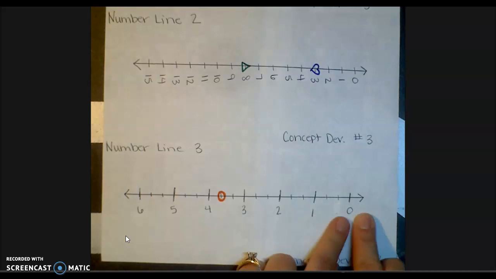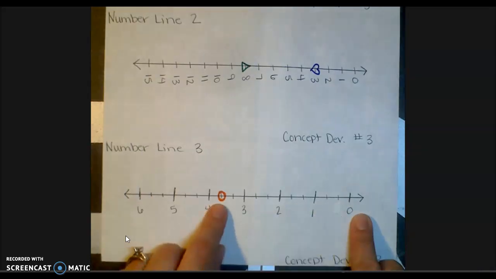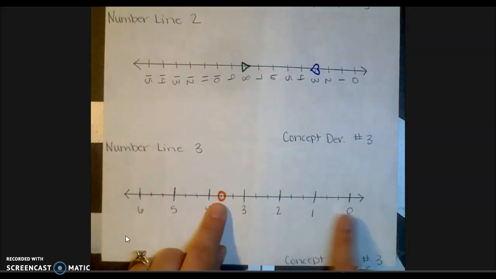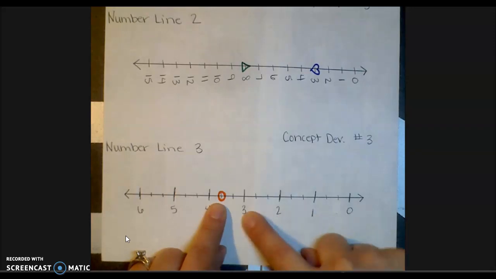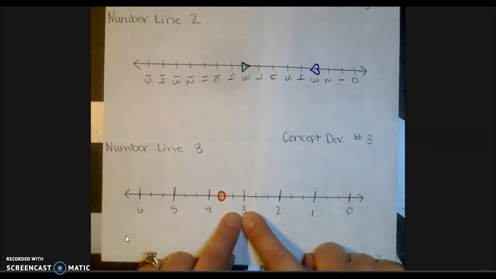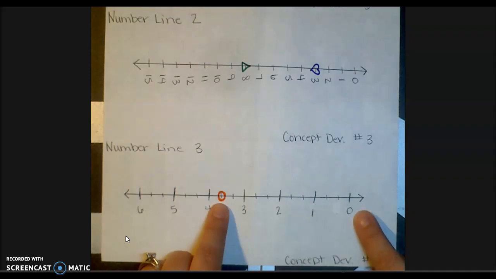So we need to find the value or distance from the origin of the circle. So we're counting from right to left, and we're moving. Here's 1 whole, 2 wholes, 3 wholes. This is 3 1/3. So the distance from the circle is 3 1/3 from the origin.